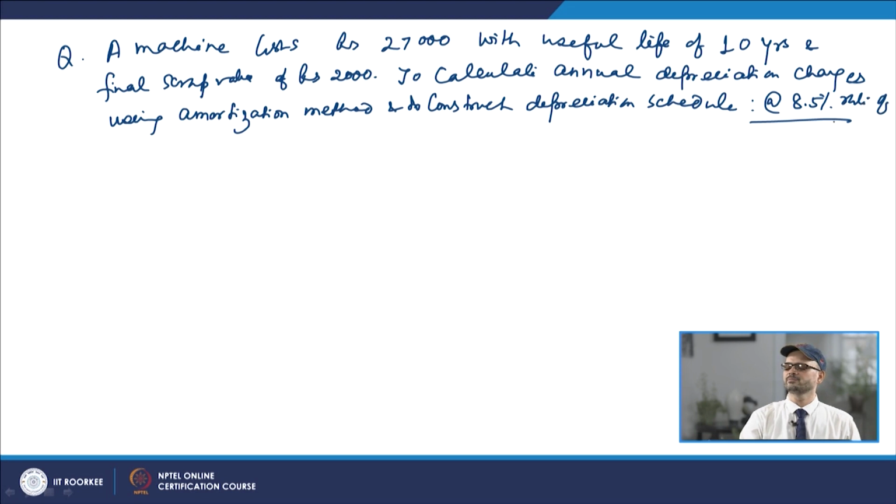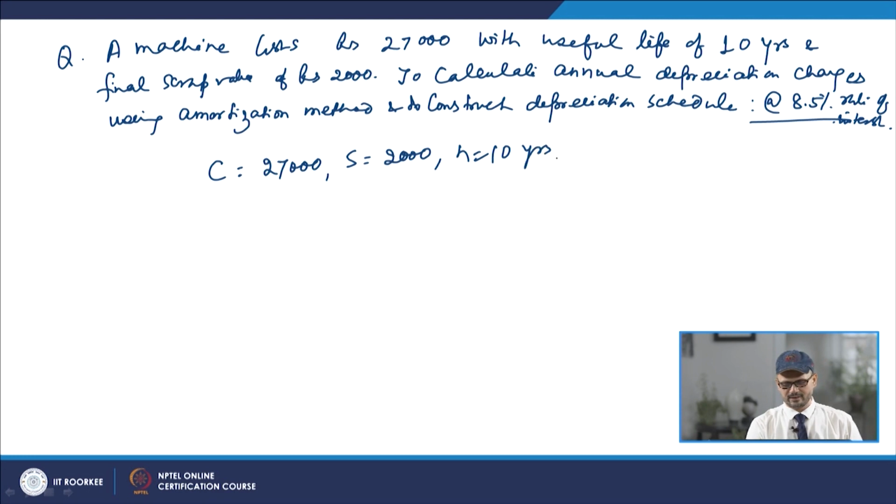We know that in the case of the amortization method, we have to take into account the time value of money, and this rate of interest comes into the picture to find the depreciation charge per year. In this case, we are given C as 27,000 and S as 2,000, N is 10 years and R is 0.085.